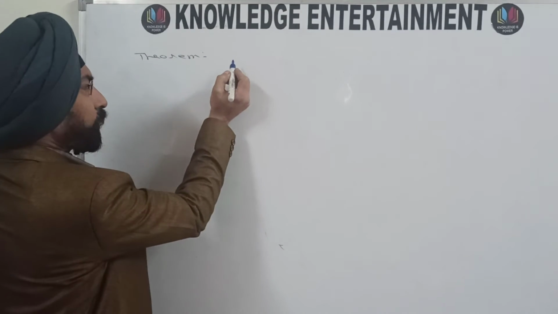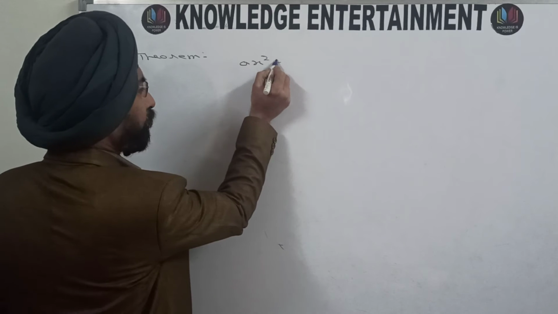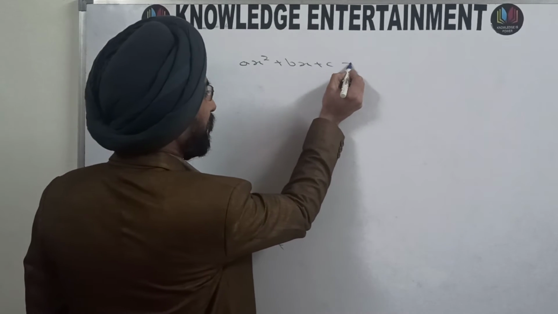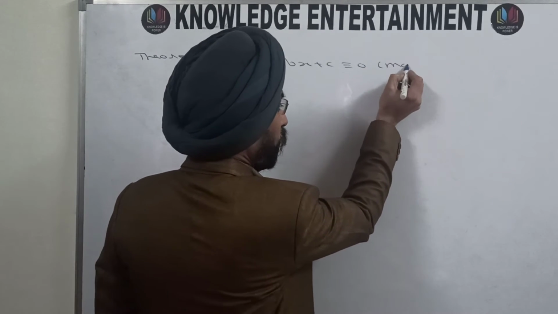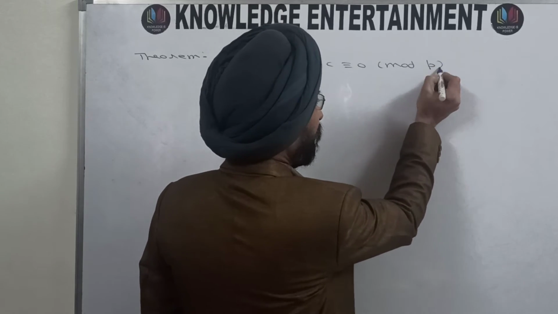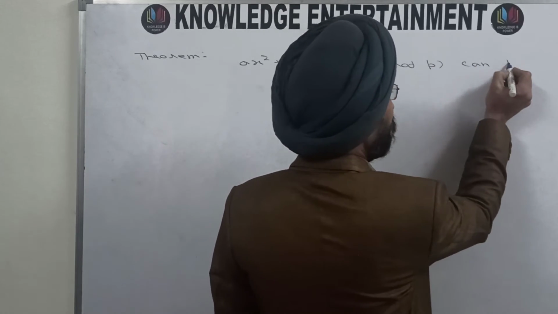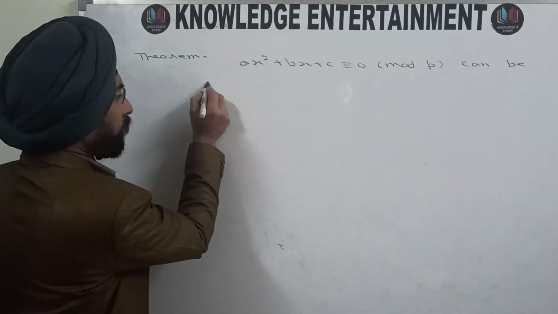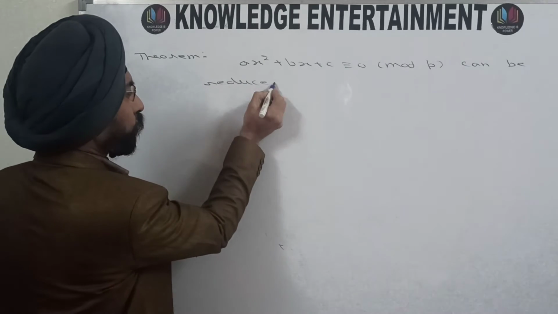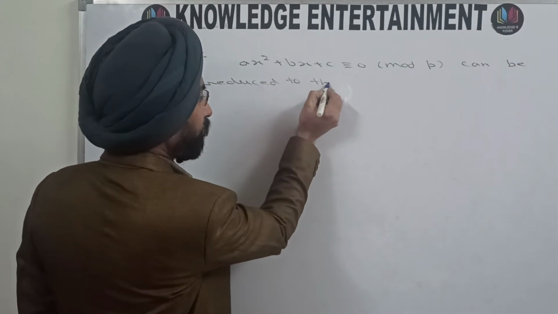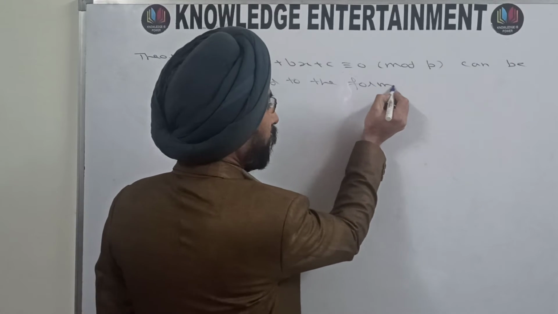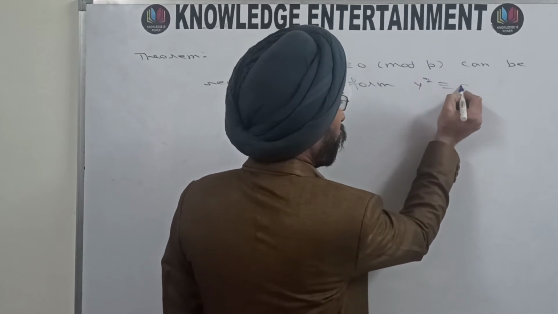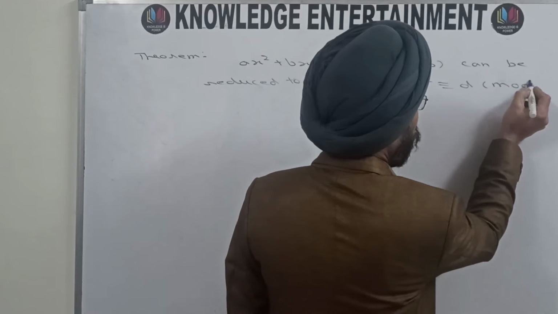The equation ax square plus bx plus c congruent to 0 modulo p, where p is a prime, can be reduced to the form y square is congruent to d modulo p.